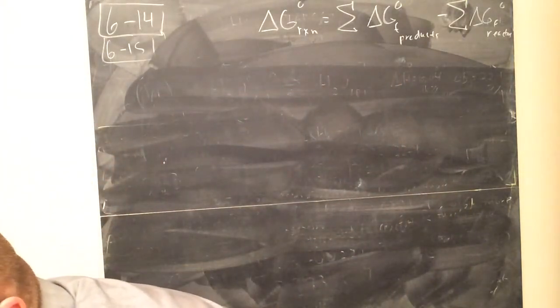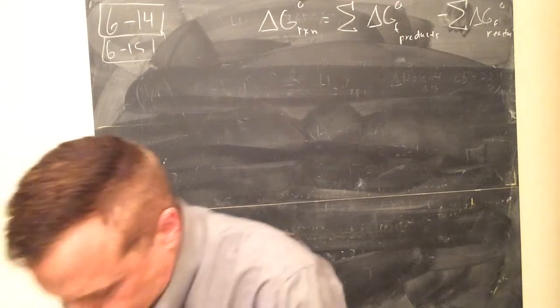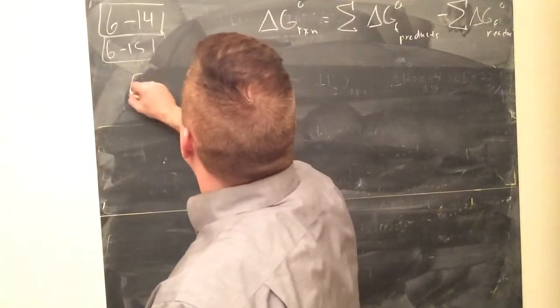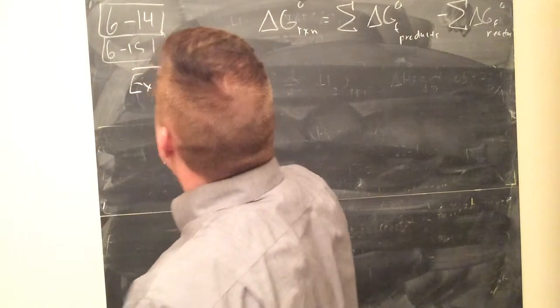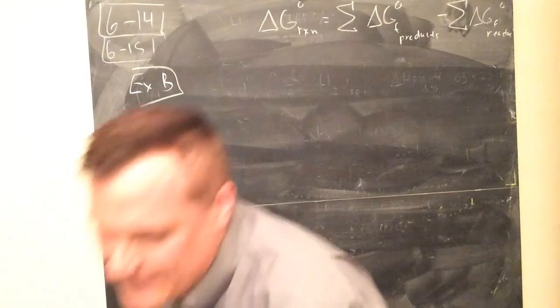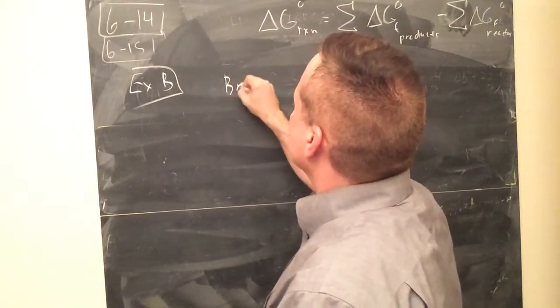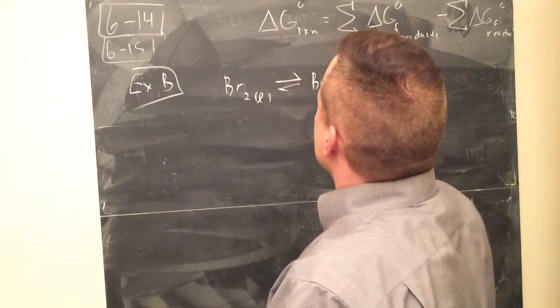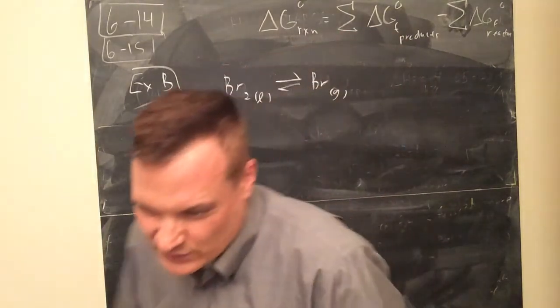All right. Now, on the next page, there's another type of problem, example B. I was about to end earlier, but then I realized, oh, I better do that. Example B says bromine liquid going to bromine gas. Again, there's the equilibrium there.